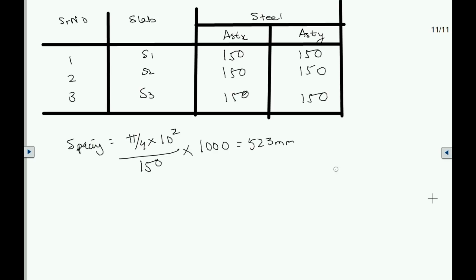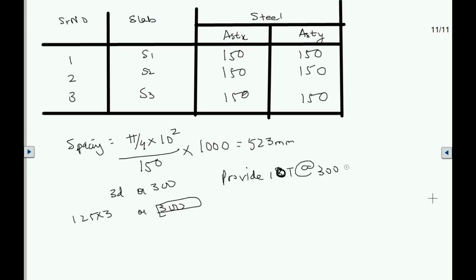But the minimum spacing criteria for main steel is 3D or 300, and 3D is 125 times 3 or 300. So we'll go for the minimum value, that is 300 over here. We can't provide 523 mm, which is exceeding these two. So let's provide 10 tor at 300 center to center in both ways.